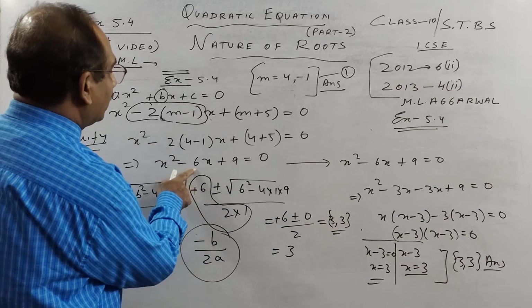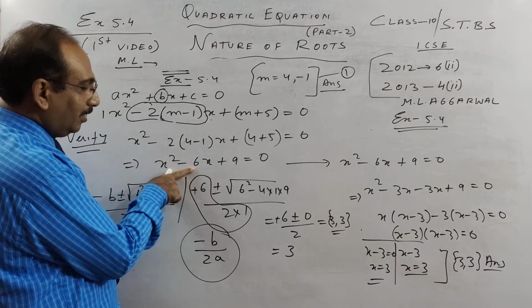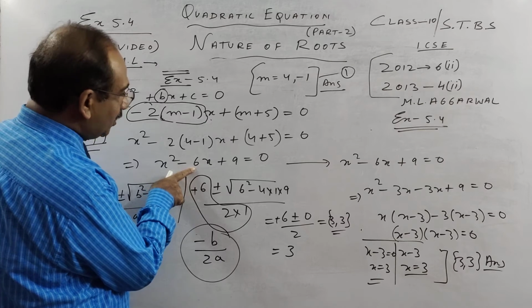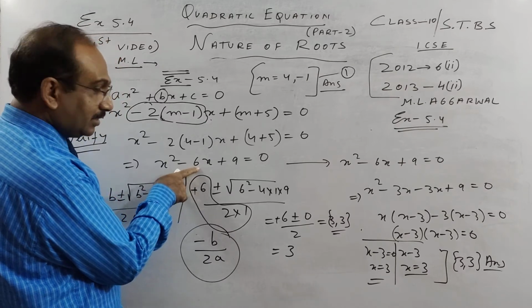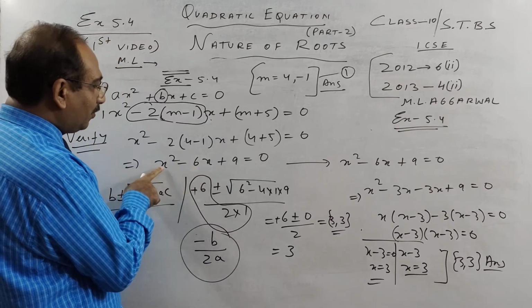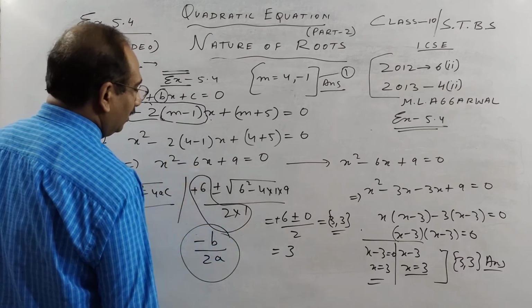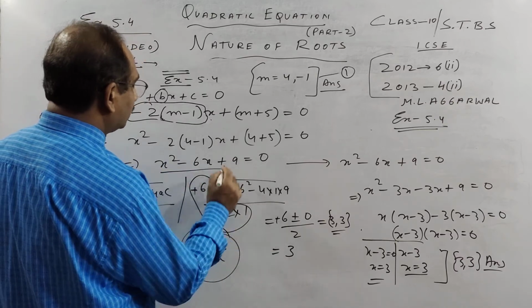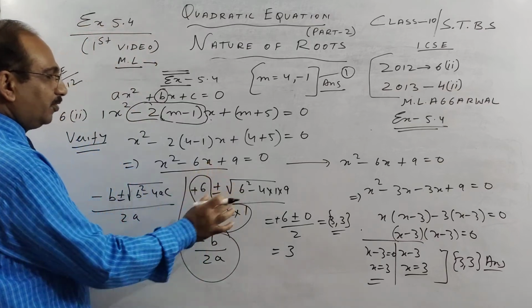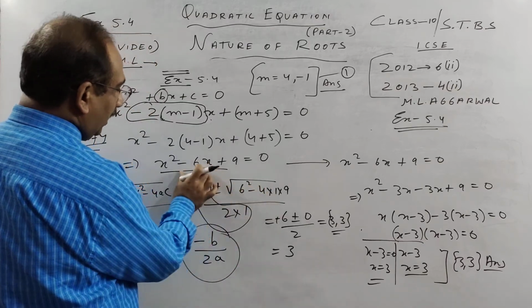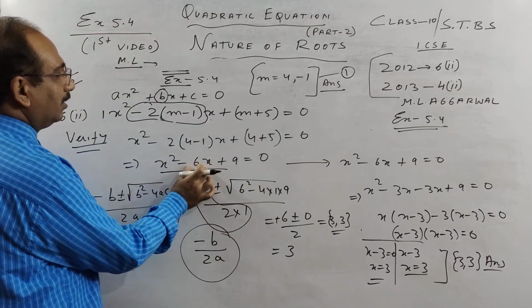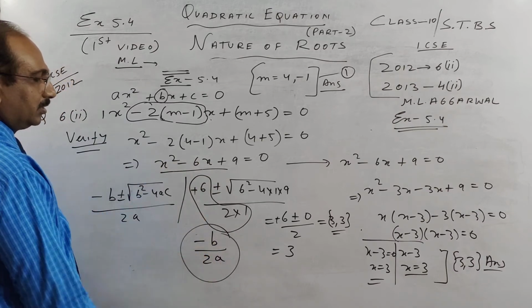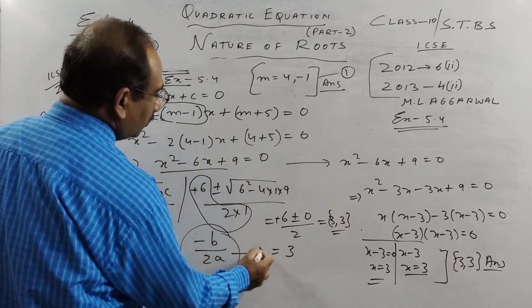So directly you can get the answer here, minus b by 2a. So minus b is 6, minus, and twice a is 1. 6 by 2 is 3. So even if you know this, if this is 0, so the answer is directly minus b by 2a, 6 by 2 into 1 is 2. So it will also give you 3.